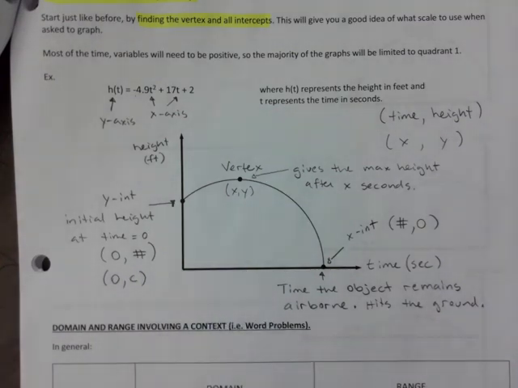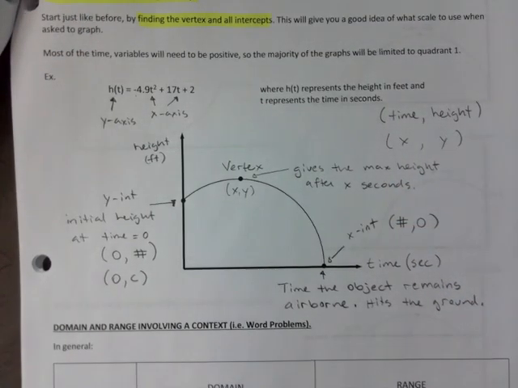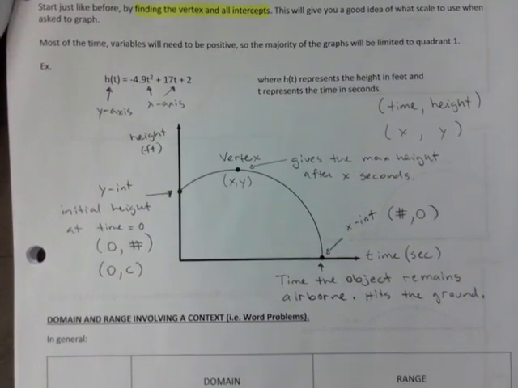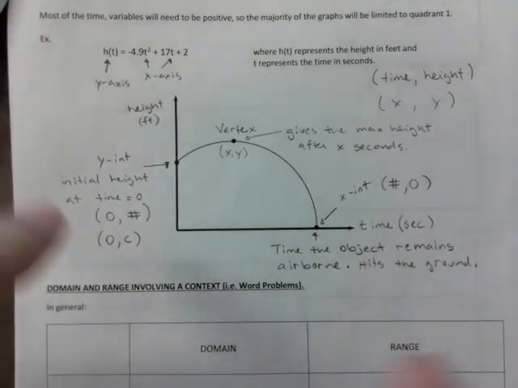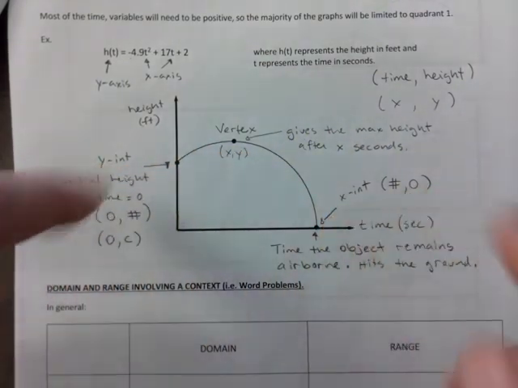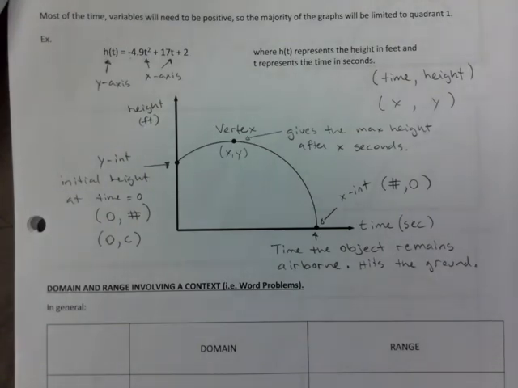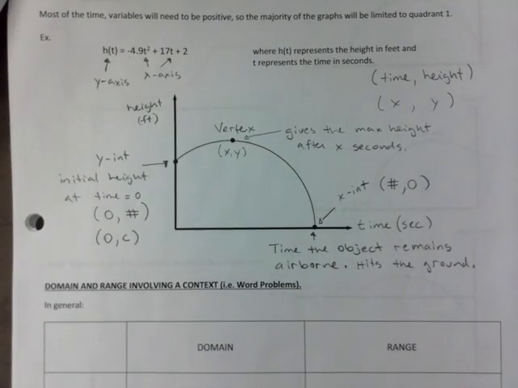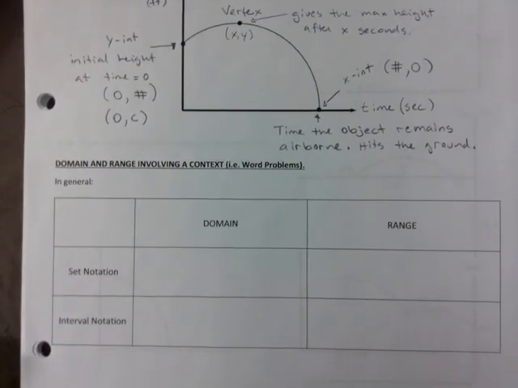That's another nuance about word problems. So just an intro here. I'm making the relationship between y-intercept, vertex, and x-intercept to real-life situations. That's all I've done here, and you'll see how that comes into play later on.